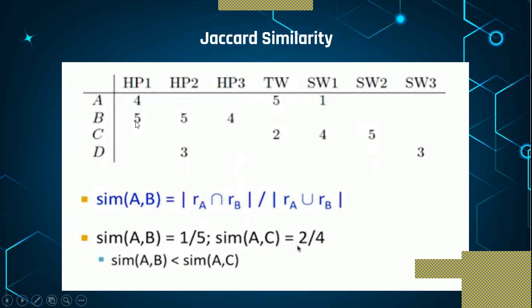Out of these 4 movies, there are only 2 common movies where they both give a rating, that is TW and SW1. That's why we are considering 2 by 4.